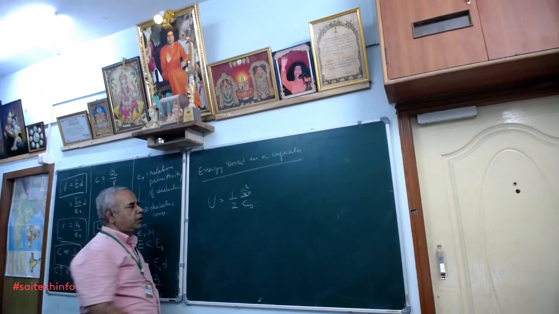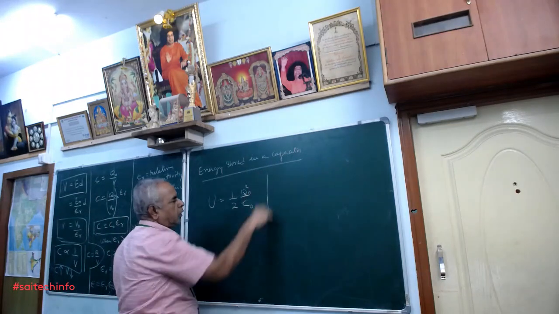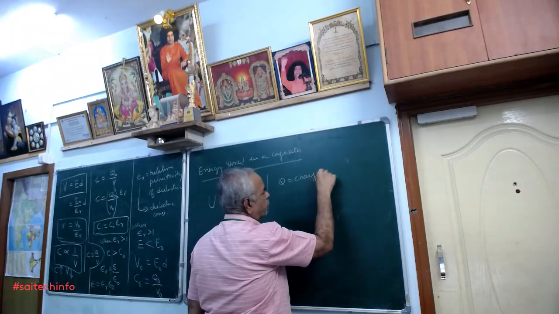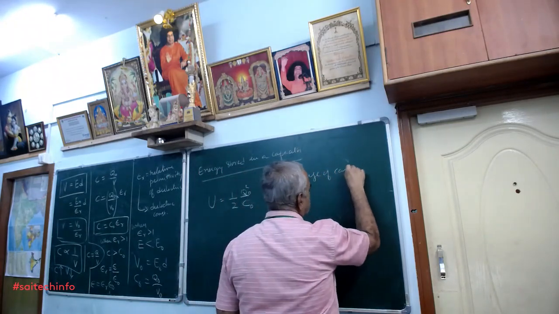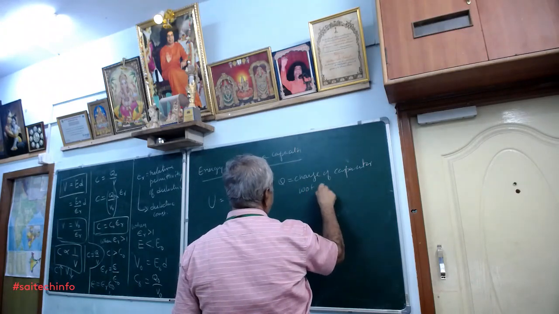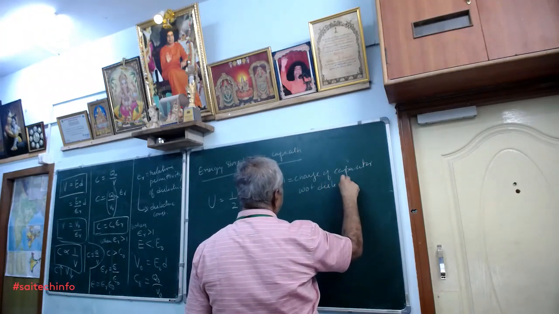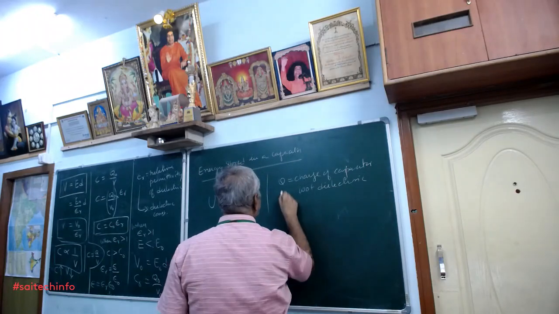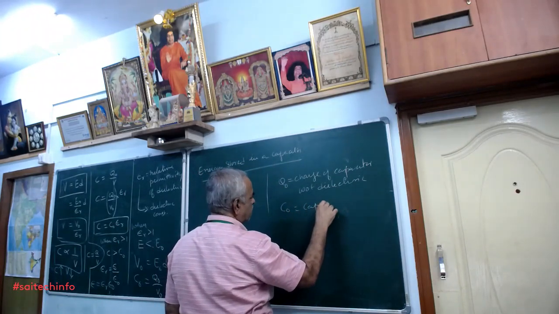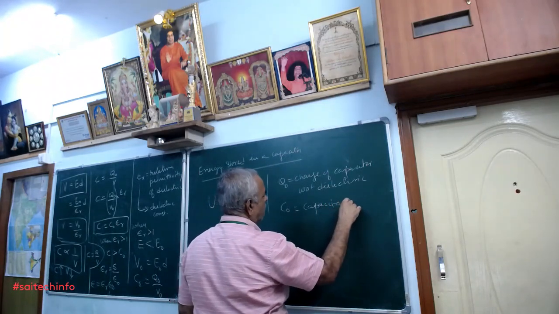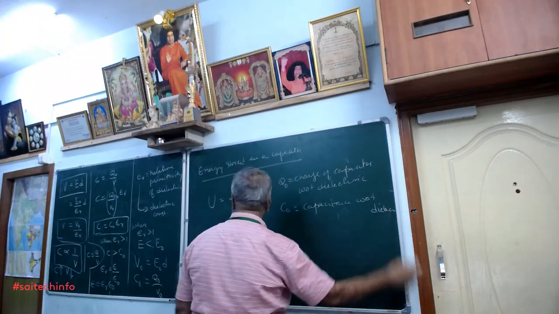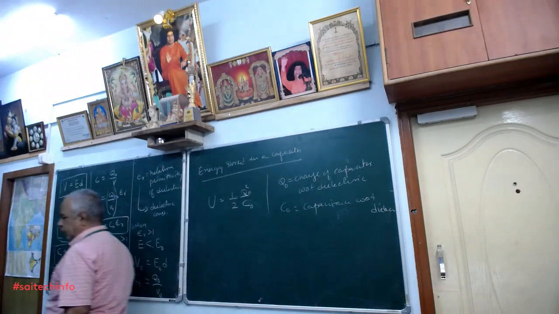Q is the charge of the capacitor without dielectric medium. Now Q naught, C naught, capacitance without dielectric.